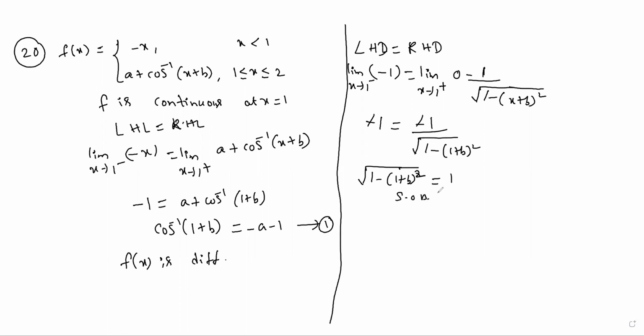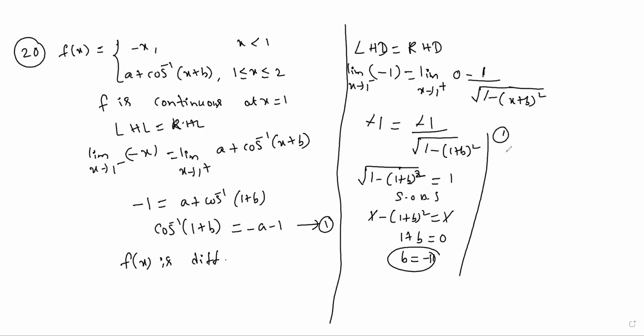By squaring on both sides, expand this: 1 minus (1 plus b) whole square equal to 1. Here 1 gets cancelled. From this 1 plus b is equal to 0. b is equal to how much? Minus 1.